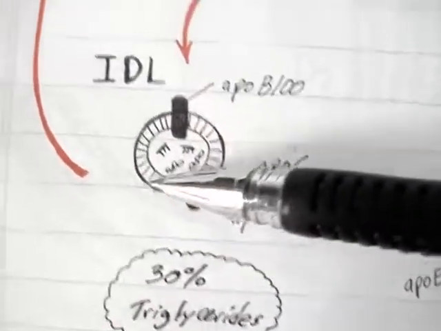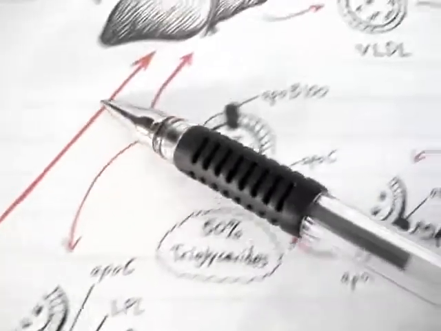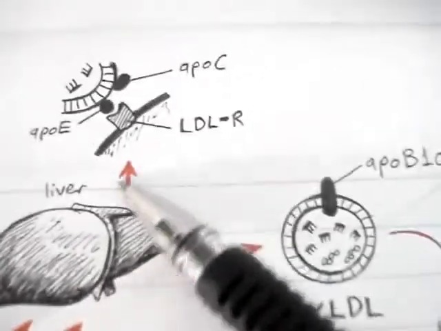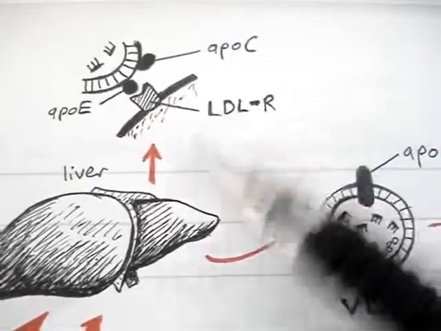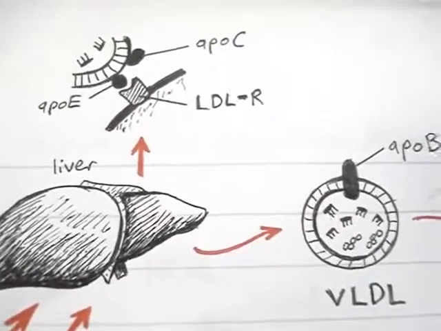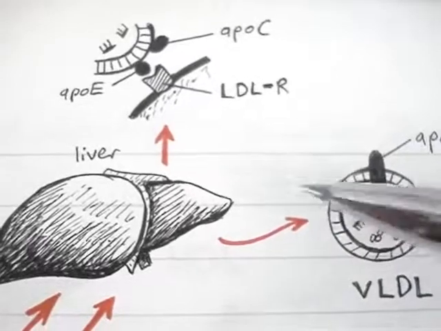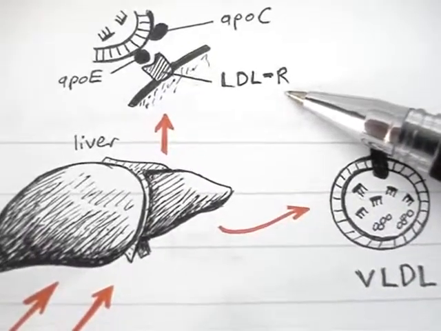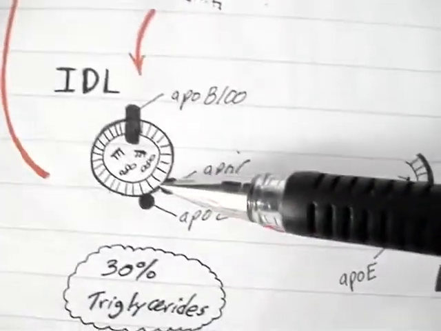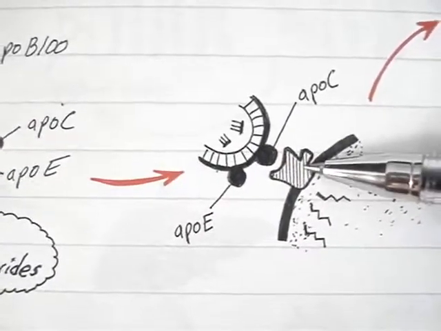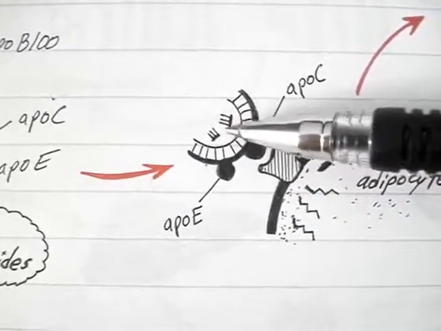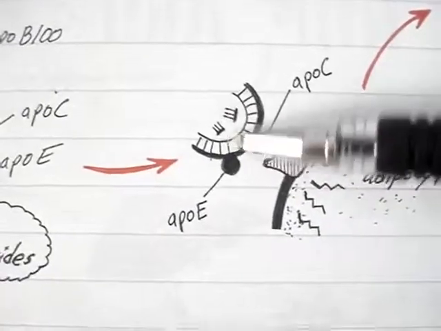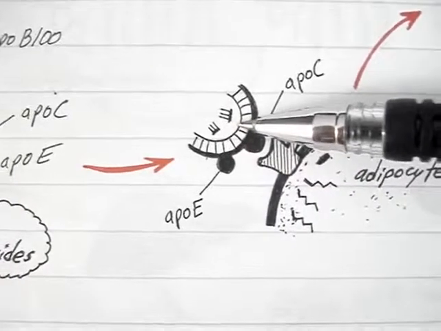IDL can then go to the liver and via ApoE bind to the LDL receptor, be uptaken by the liver, refilled, and released back into circulation in the form of VLDL. If the IDL does not do that, but rather continues to interact with lipoprotein lipases, again, the level of triglycerides within the IDL is going to continue to decrease.